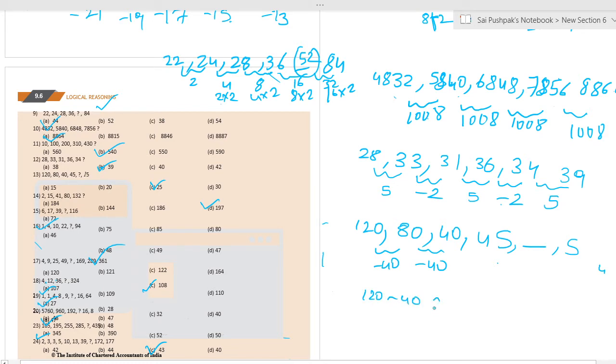It is 80. 80 divided by 2 is 40. So similarly here also we need to get that difference. 45 minus 5 is 40. 40 divided by 2 is 20. So we need to get the difference of 20 here.